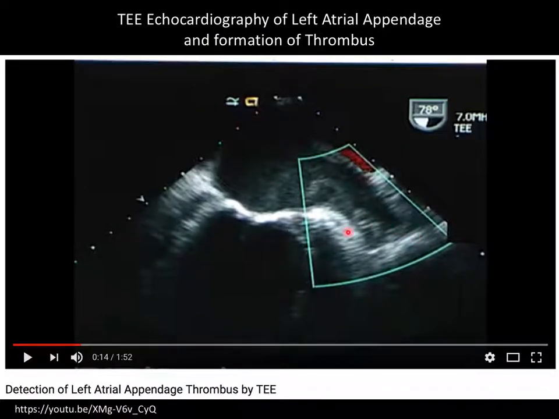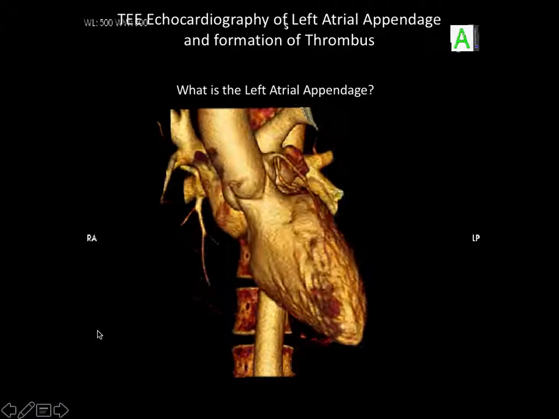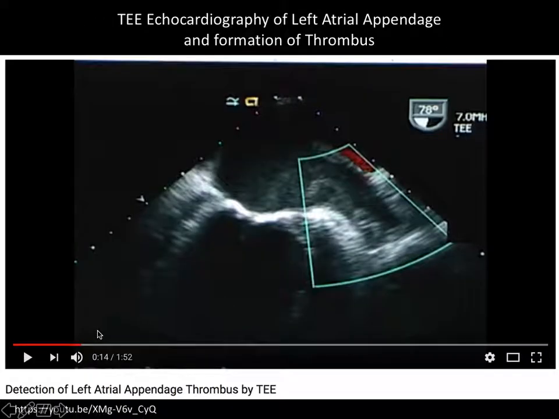So here's an example. Let's see if this is a video. No, that's not a video. So this is an example of a left atrial appendage, and this is the left atrium, this is the mitral valve, left ventricle down here, right? The appendage sits on top here, and that signal right there is not a good thing.